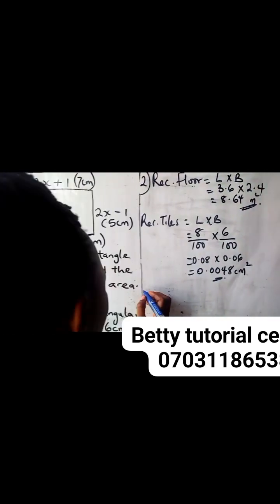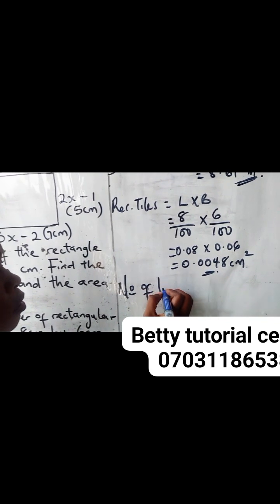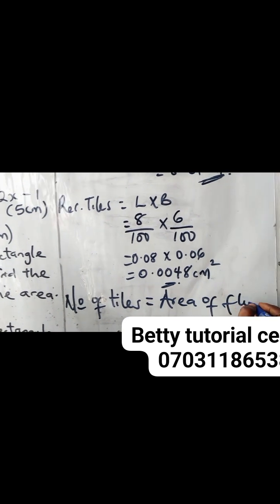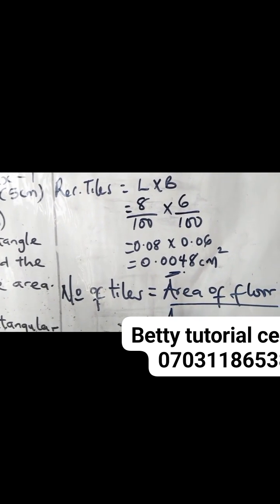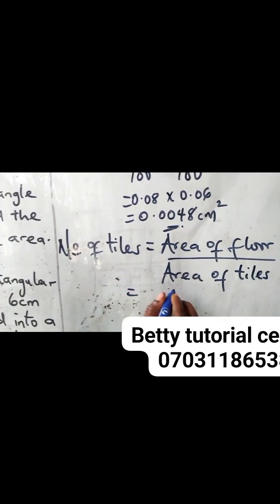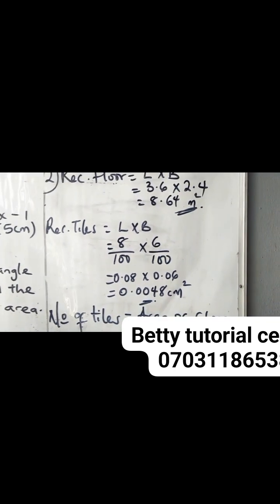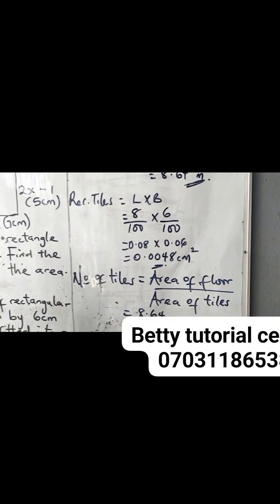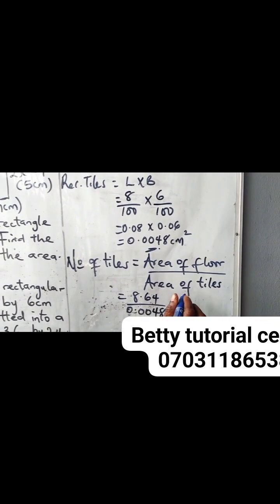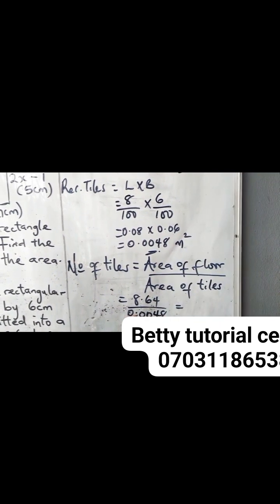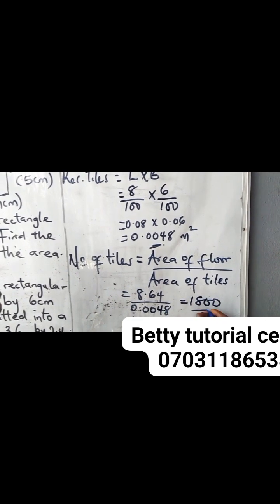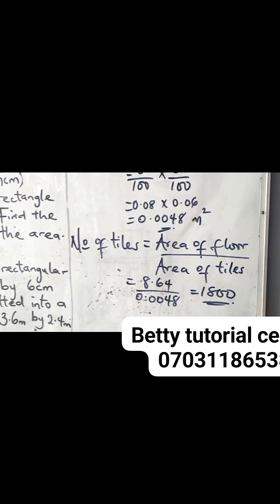So number of tiles is equal to area of floor divided by area of tiles, which is 8.64 divided by 0.0048, which will give us 1,800. That means we need 1,800 tiles.